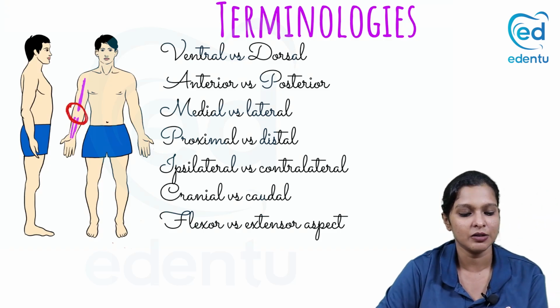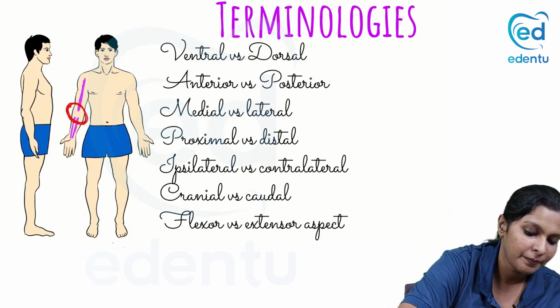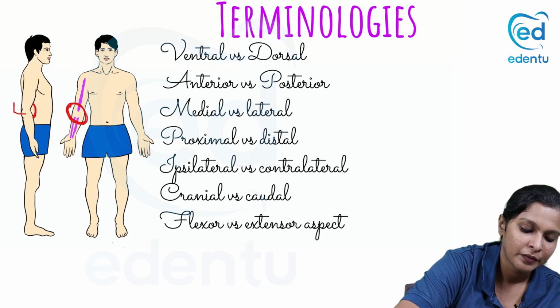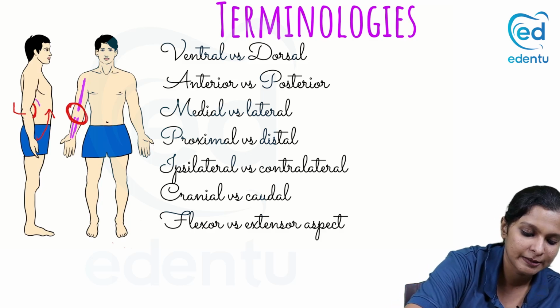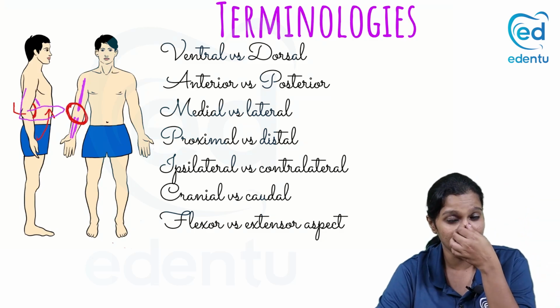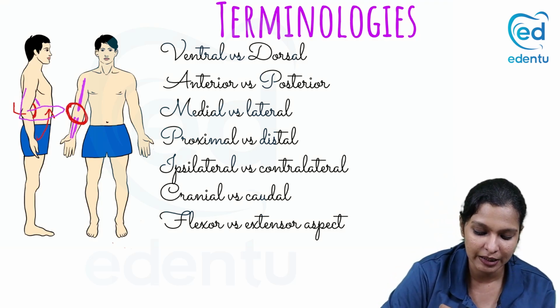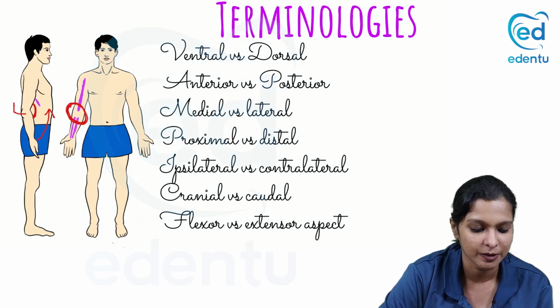When we move the upper limb, this is the angle of the joint. This is the elbow joint and this is the angle. When it is moved upwards, the angle will decrease. That is called flexion. When the angle increases, like how it is here, then it is called extension.